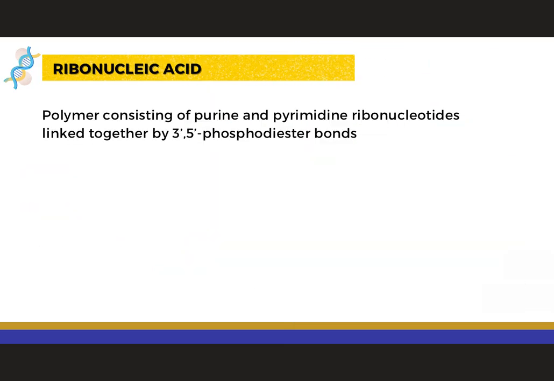Now let's go to your RNA or ribonucleic acid. Your RNA is a polymer consisting of purine as well as pyrimidine ribonucleotides linked together by 3' to 5' phosphodiester bonds. So compare lang natin siya with your DNA. Sugar moiety: in DNA we have your deoxyribose, in your RNA we have your ribose. Purine components of your DNA are adenine and guanine.